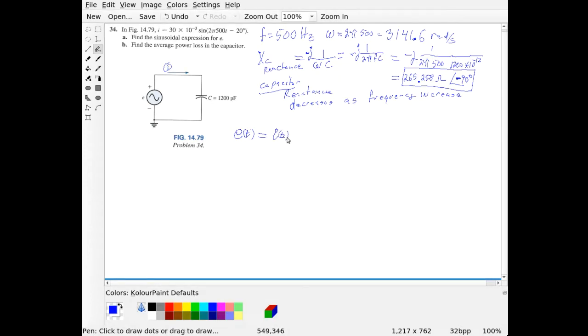If we're writing it in time domain form, it would be I of t times Z, which is the impedance, which is I of t times minus J, you need parentheses or something here, minus J times the 265. Well, you know, I guess I'll just write in variables here at the moment. Okay, so it's going to be I, which is going to be 30. Oh, I'm sorry, there was a K up here too. Sorry about that. Okay, that was a kilo ohm, this up here was kilo ohm.